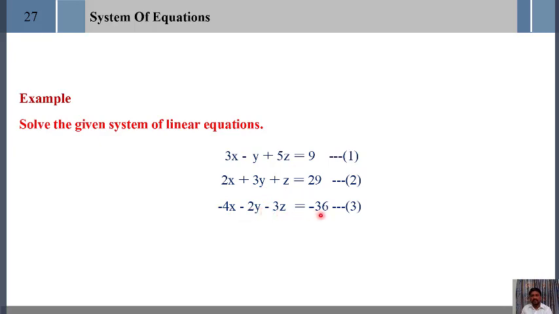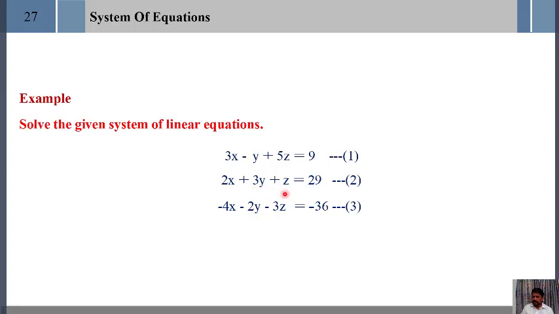To solve this, I shall solve the first 2 equations and then the second 2 equations. Solving the first 2 equations, one resultant equation will be there, and solving the second and third equations, one resultant equation will be there. In solving the first and second equations, we can eliminate one variable, so the resultant equation will be in 2 variables.